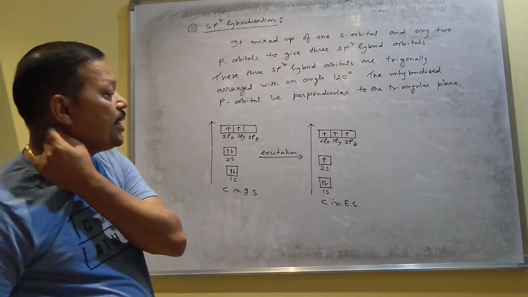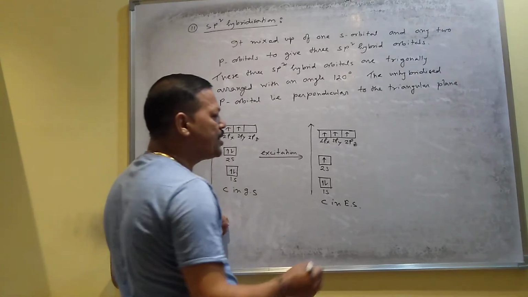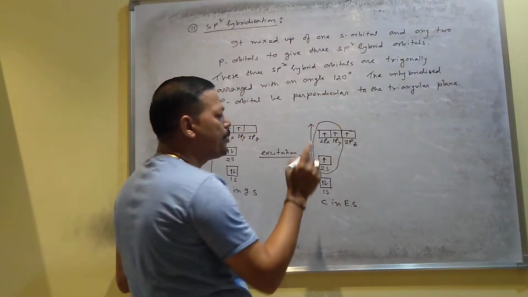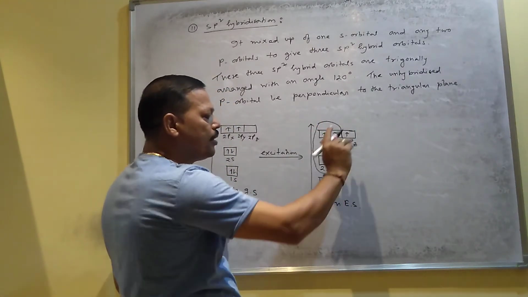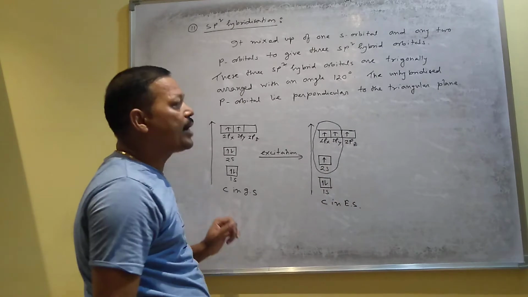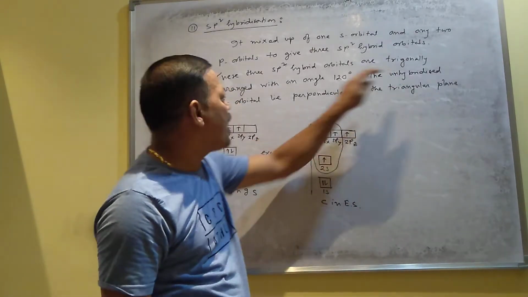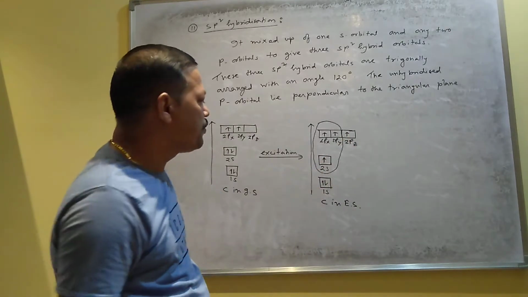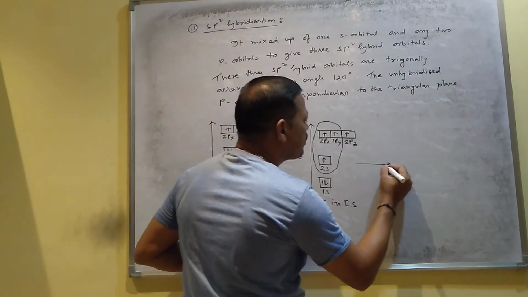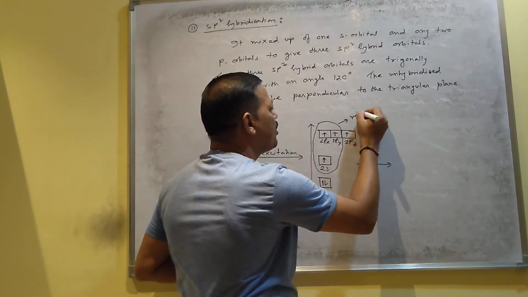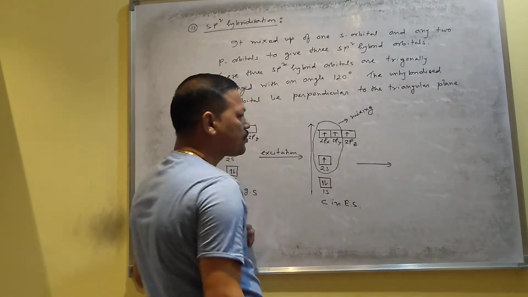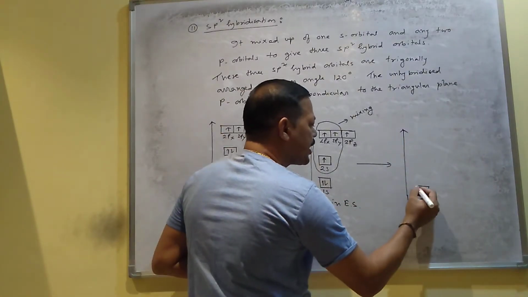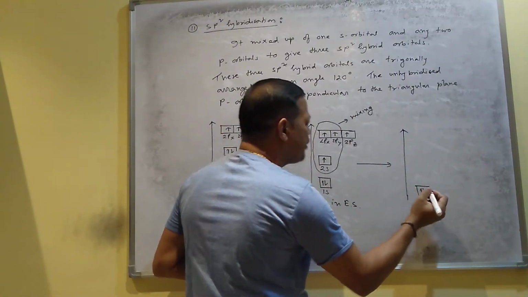After excitation of the electron, mixing of orbitals takes place. Now one s orbital mixes with any two p orbitals. I mix the s with px and py. This pz is called the unhybridized orbital. That unhybridized p orbital is 2pz now. So this mixing of orbitals is called hybridization. Then 1s will remain the same, it does not involve in mixing.